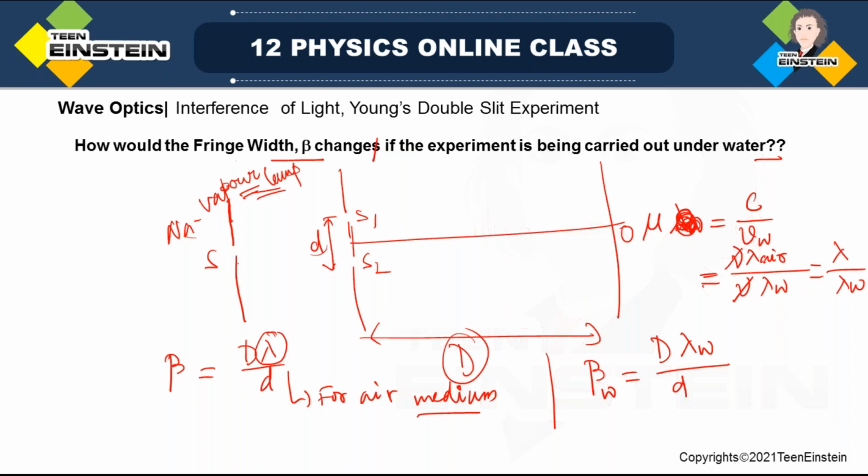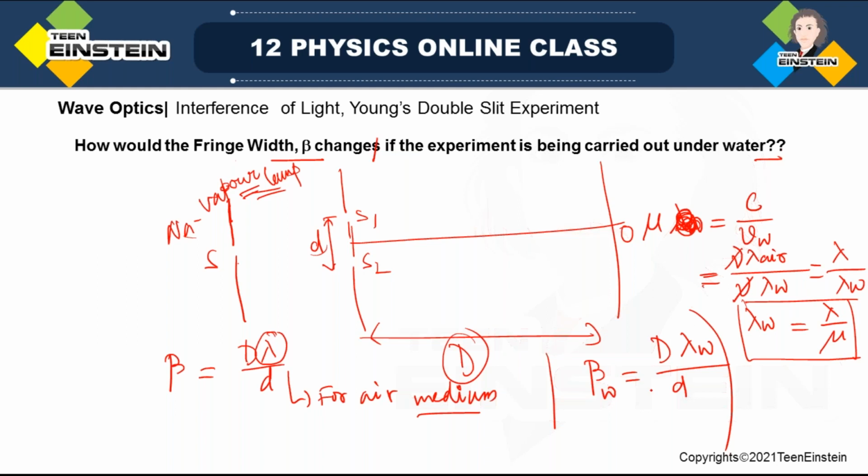From this definition, the wavelength inside the water will be equal to lambda by mu.